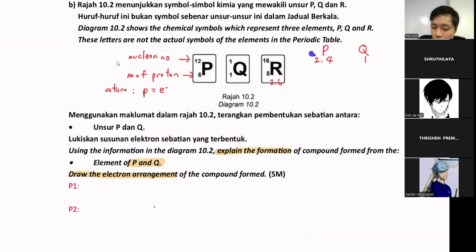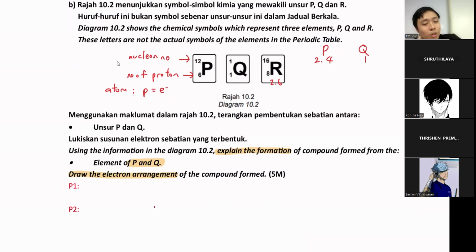Let me ask you, these two, P and Q, consider what type: is it metal, semi-metal or non-metal? Do you know what element P is? For the actual symbol, the actual element.